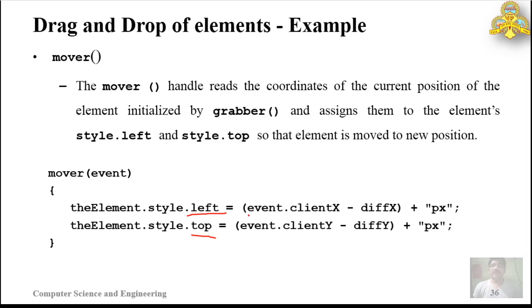Observe here, from the event, the clientX minus the difference of x, which is specified by the grabber. So from these two statements the element's coordinates are changed to the current mouse position.